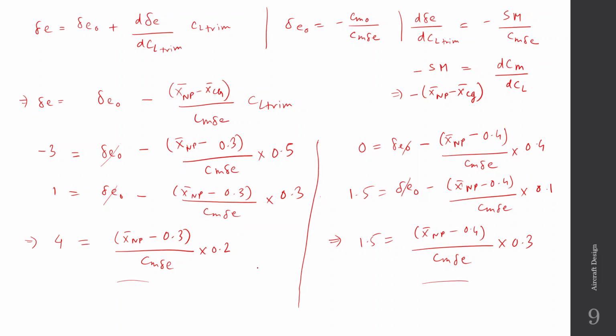Now you can see that in these two equations there are two unknowns, so we can solve and find x bar NP. Let us divide the first equation by the second. So we'll get 4 by 1.5.